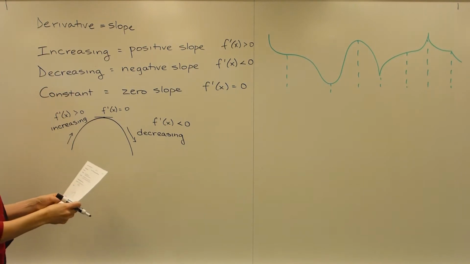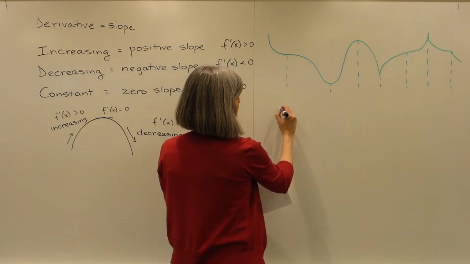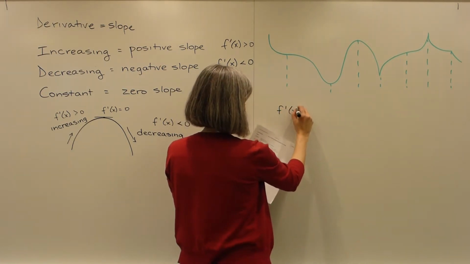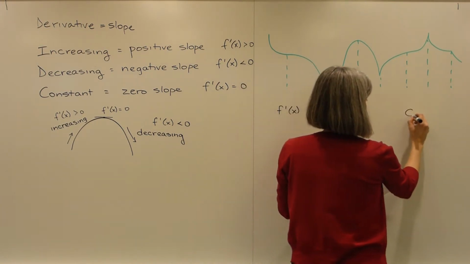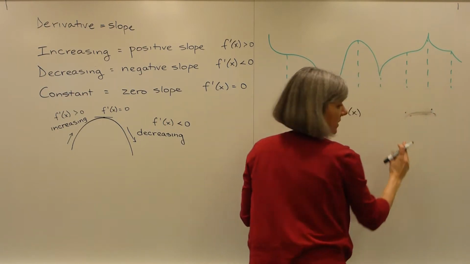So let's do a little bit of a summary table over here. If the derivative, so we'll have derivative, f of x, the graph, oops, I'm running out of space, try that again.